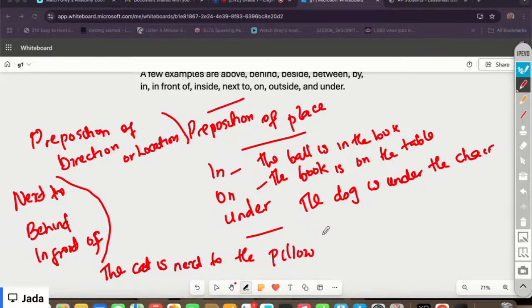The ketchup is on the table. That's for preposition of place, which is very nice. So you can send more if you know.